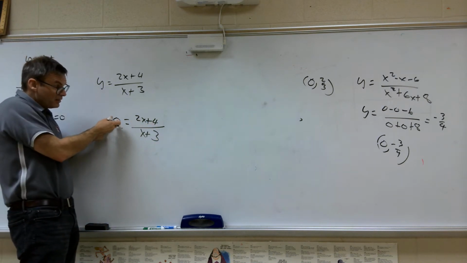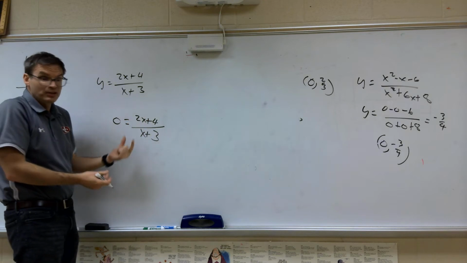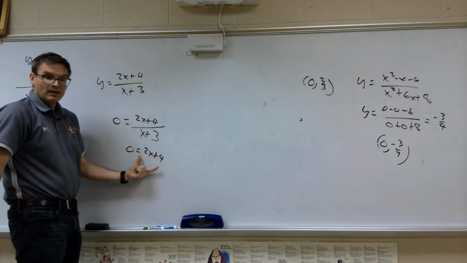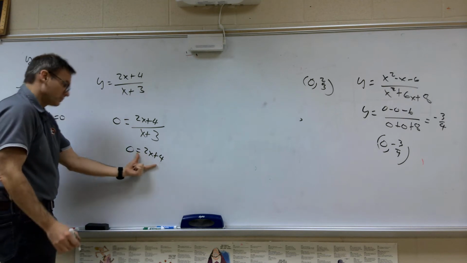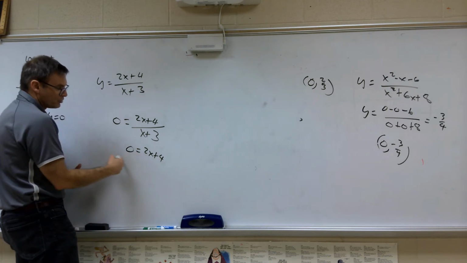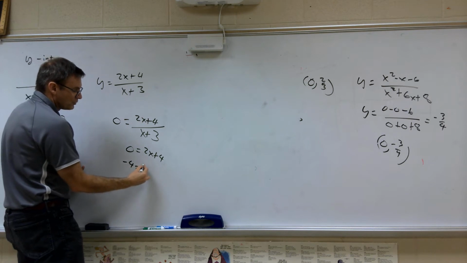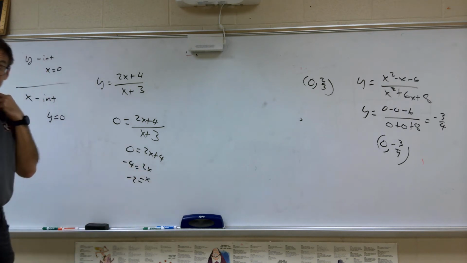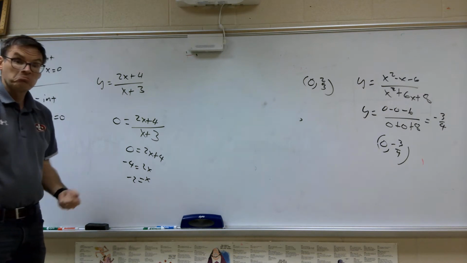So if I set this whole thing equal to 0, really all I need to worry about is setting the top part equal to 0. Now when I solve, subtract 4 from both sides, so negative 4 is equal to 2x, x is equal to negative 2. And so I found my x-intercept.